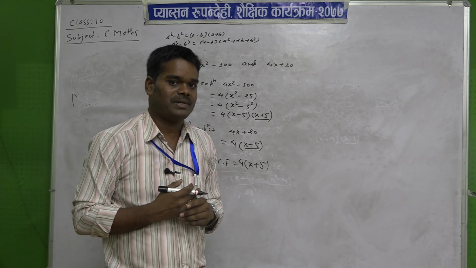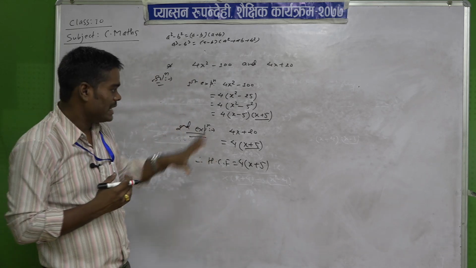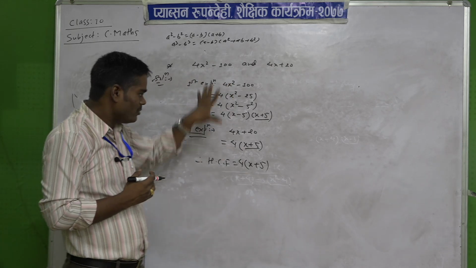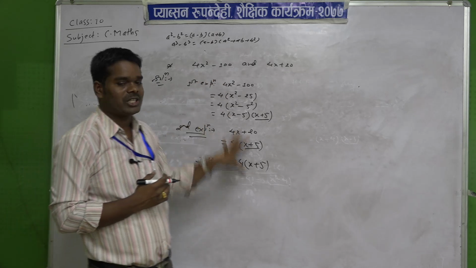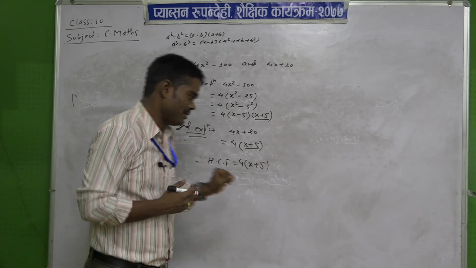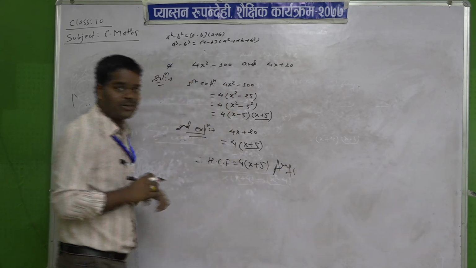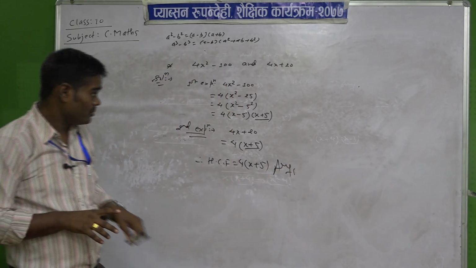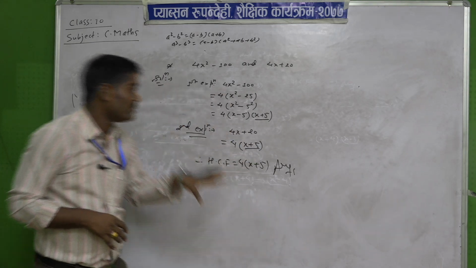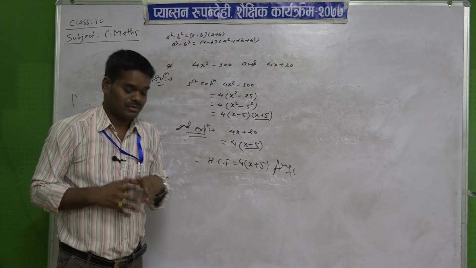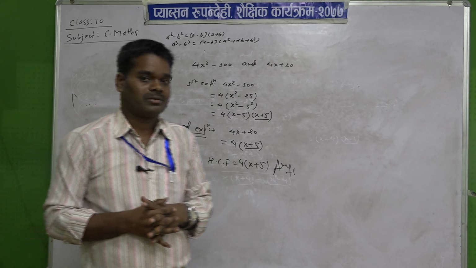So, x minus 5 is not allowed to take, because it is not common in both. Only whatever is common in both expressions, that is the SCF. My dear students, this is the answer.